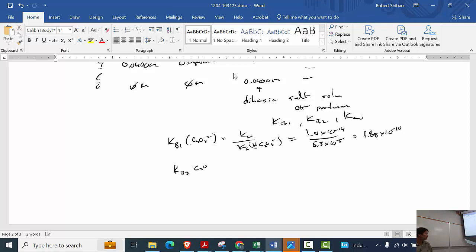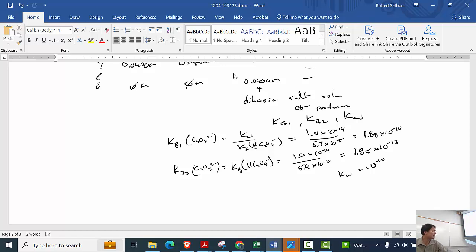All right, let's take a look at KB2. KB2 for oxalate ion is equal to KW over Ka of oxalic acid, which is equal to 1.0 times 10 to the minus 14 divided by 5.4 times 10 to the minus 2, from the chart. And then, of course, KW is 10 to the minus 14.